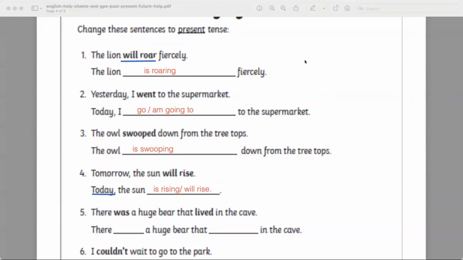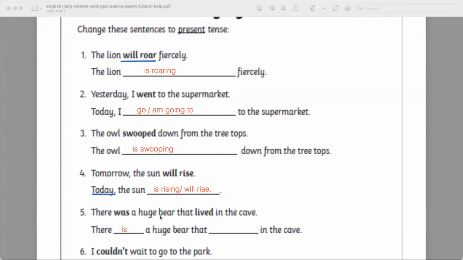Okay, let's do one more on this one, and then we'll move on to looking at some on the future tense. Number 5, there is a huge bear that is living in the cave.